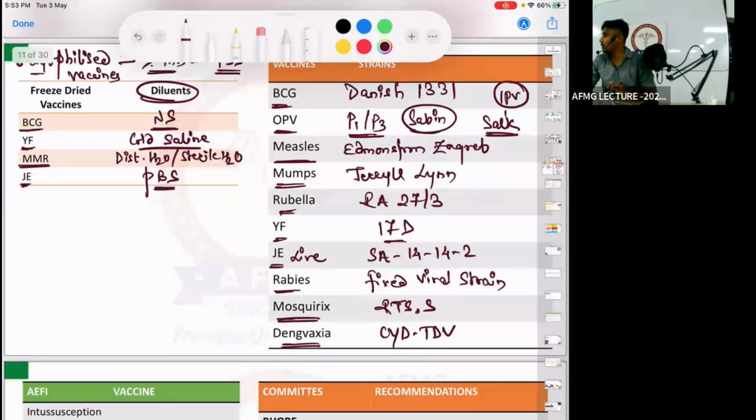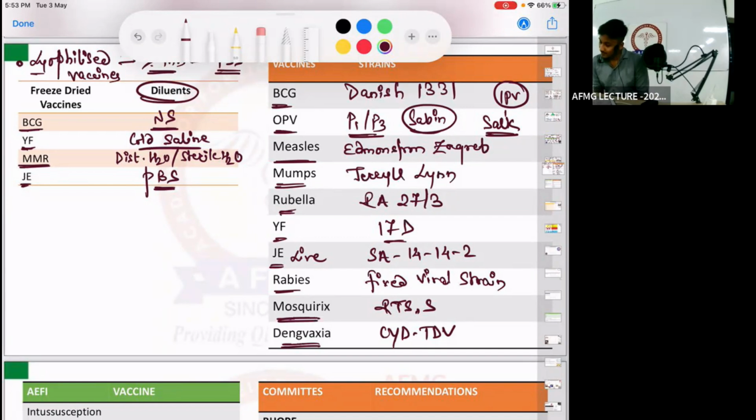एक बार रिवाइज करना चाहते हो? जल्दी. Random जा रहा हूं मैं. Be attentive. Yellow fever. Mosquirix. Dengvaxia. Measles. Mumps. JE live.